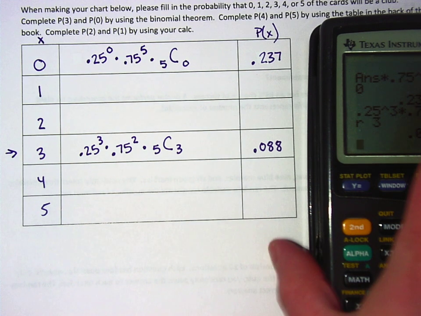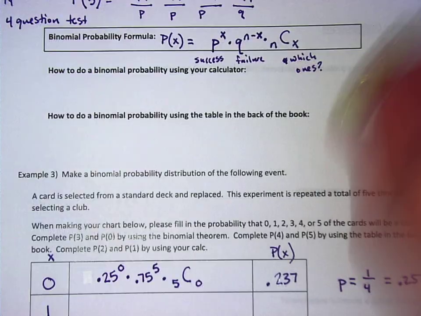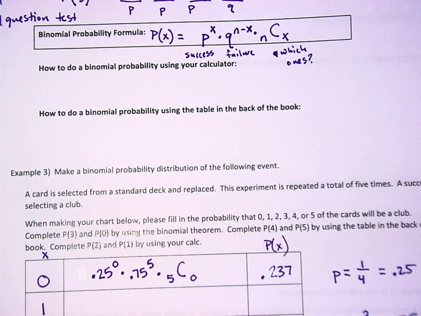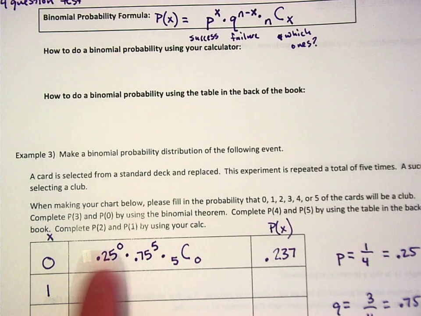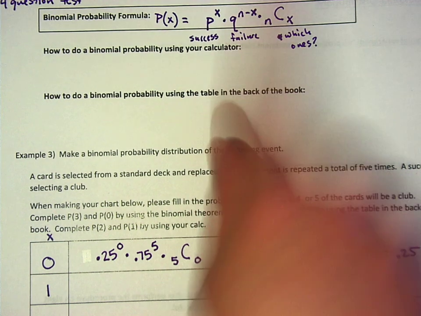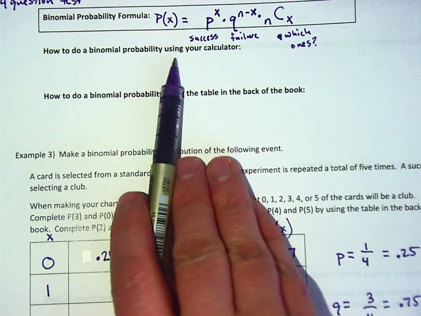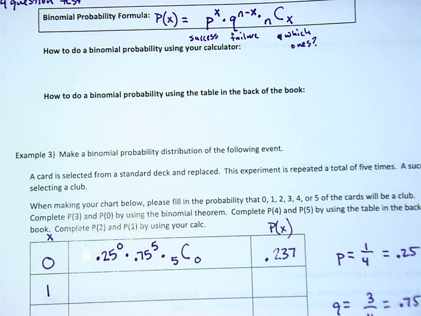Okay. All right, next thing we're going to do is I'm going to show you how your calculator will actually do this for you. On the AP test, you can obviously choose which one you want to do, although you will have to understand this formula, but there are 3 different ways. Binomial probability using your calculator. So if you hit, let's see if I remember how to do it.